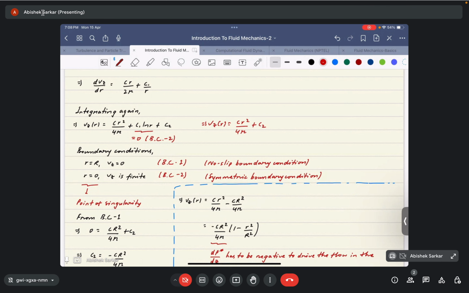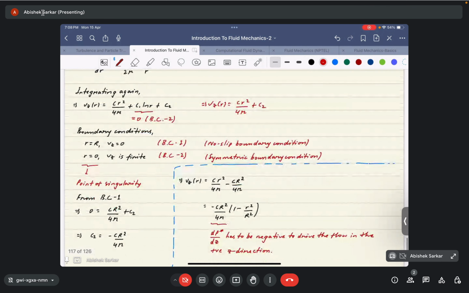Now applying the first boundary condition, the no slip boundary condition, at r equal to capital R, Vz is 0, so the left hand side is 0, and c r square by 4 mu plus c2 is equal to 0. Then c2 would be equal to minus c capital R square by 4 mu. Substituting the value of c2 in this equation, we get Vz is equal to c r square by 4 mu minus c capital R square by 4 mu.